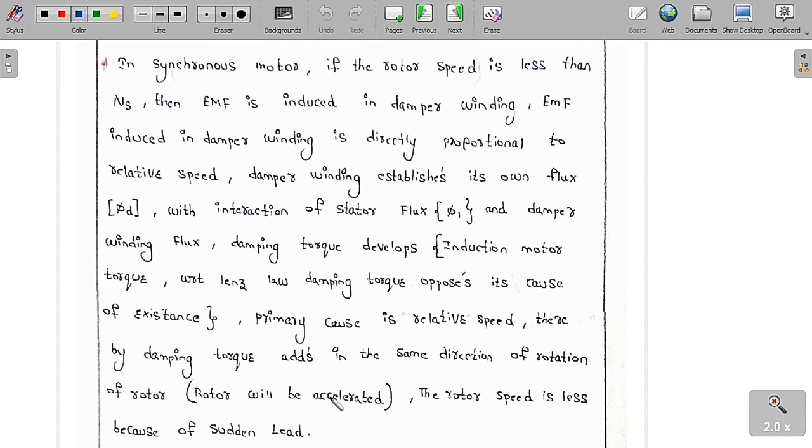This phi d is going to oppose phi f, because the effect is always going to oppose the cause. This flux is because of relative speed, so it is going to oppose the relative speed, meaning it will try to make the relative speed equal to 0. It is going to rotate in the same direction, and only then will the relative speed decrease. Therefore Nr will be nearly equal to Ns, meaning the speed will increase because of the induction motor torque.